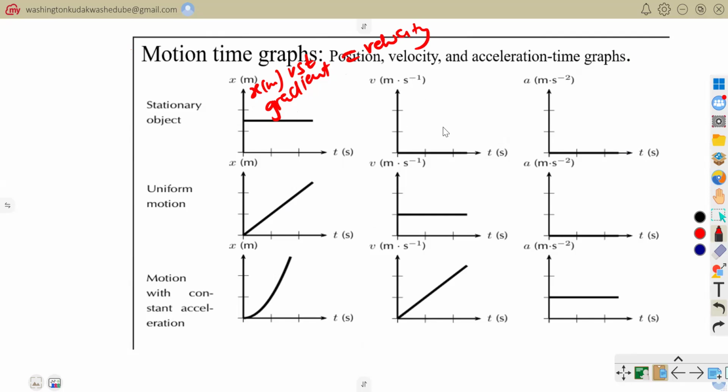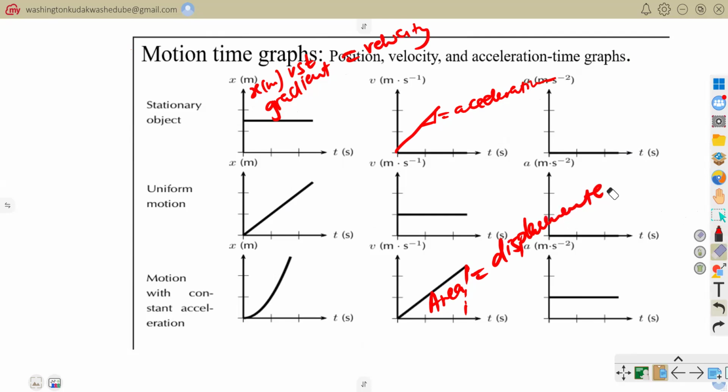And then on the velocity time graph, the gradient gives you what? Acceleration. So the gradient gives you acceleration, but the area under this graph is equal to the displacement. So just know that the area under a velocity time graph gives you the total displacement.